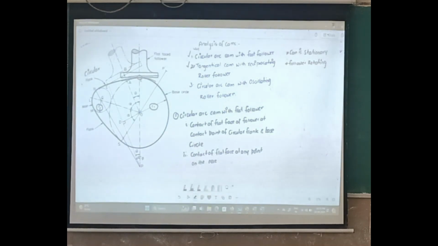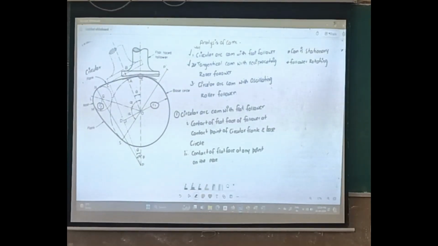So here, when there is a change in the position of the follower for an angular displacement of theta, we observe that the displacement of the follower is taken from point A to B. The initial position is here at point B. When the follower is displaced by an angle of theta, it occupies a new position.